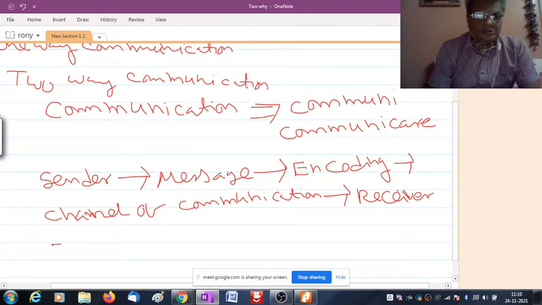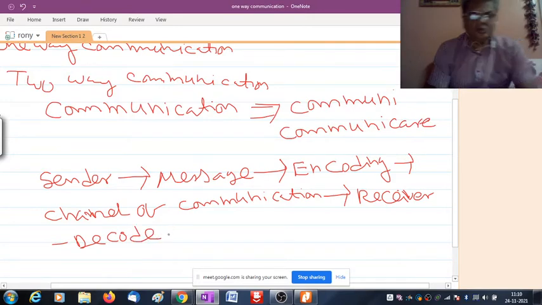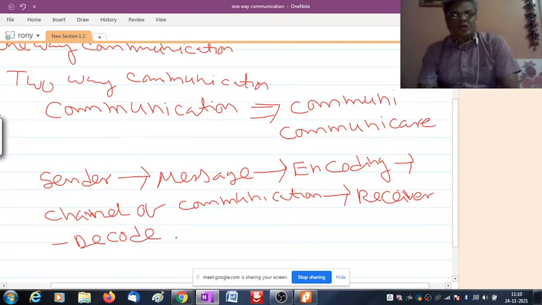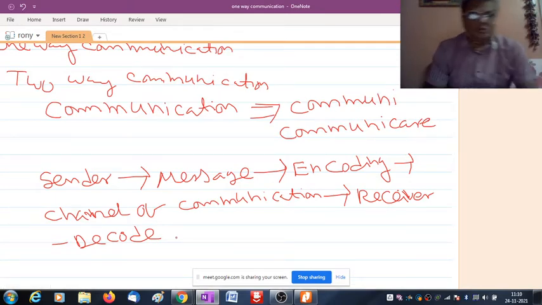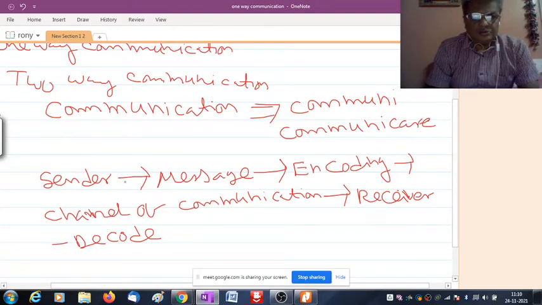Then the receiver will decode this. Decoding means understanding the message, what the sender intends to mean. And lastly comes feedback.